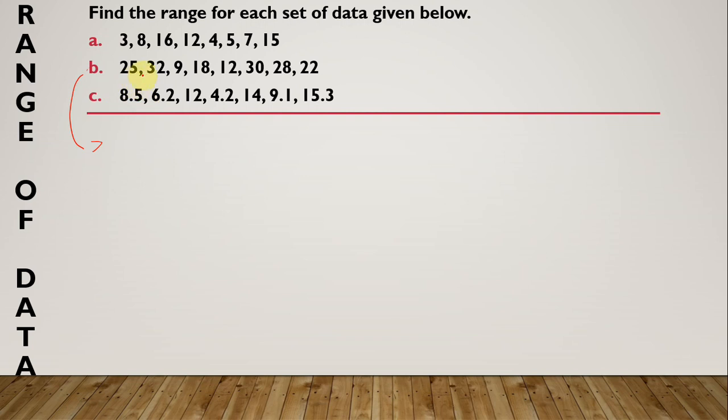Another example is 25, 32, 9, 18, 12, 30, 28, 22. Ganun po ulit. Arrange lang po ulit natin sila mula sa pinakamababa pataas.